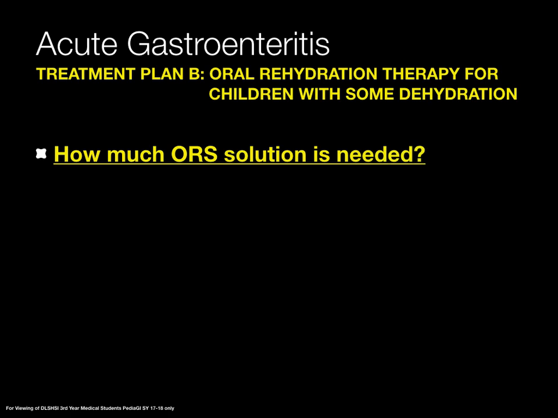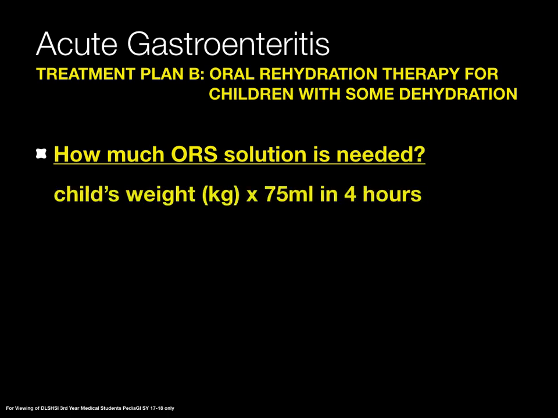If you cannot memorize the table, the shortcut is the child's weight in kilograms times 75 ml in 4 hours. Then give zinc, and give the usual food or milk in order to prevent malnutrition.